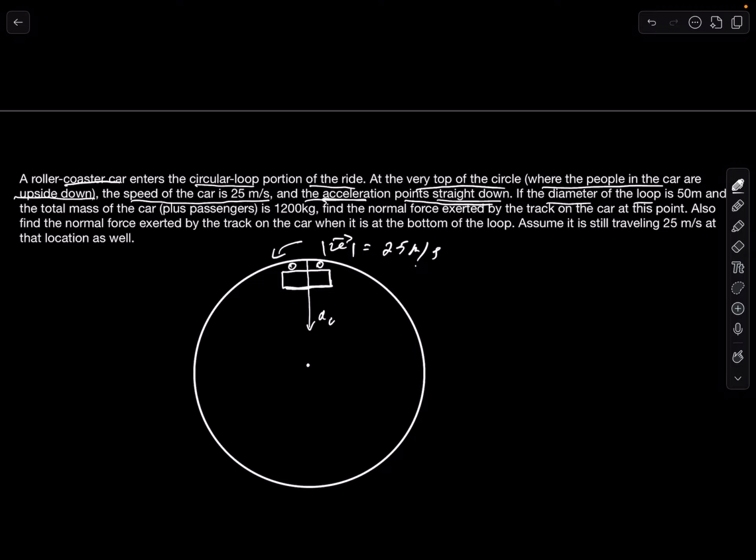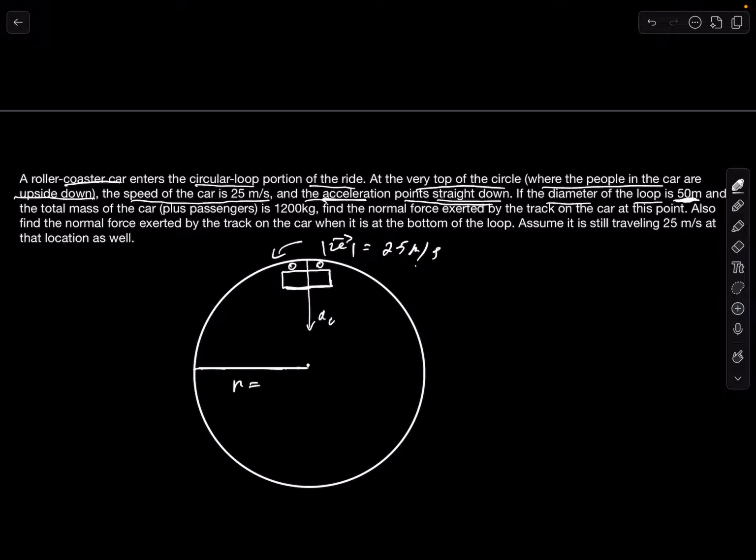If the diameter of the loop is 50 meters, the diameter we know is like this whole thing. Diameter is radius times 2, so the radius is 25 if the diameter is 50.